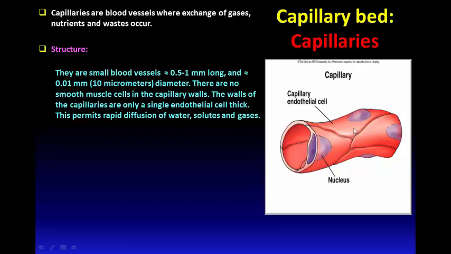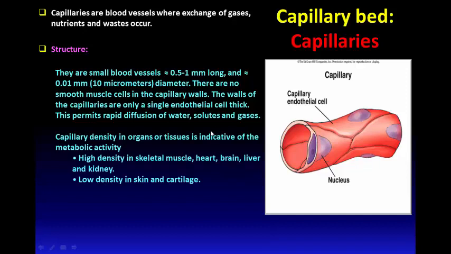They do not have smooth muscle cells in their walls. Hence, the walls of the capillaries are only a single endothelial cell thick, and they permit rapid diffusion of water, solutes, and gases across their walls.